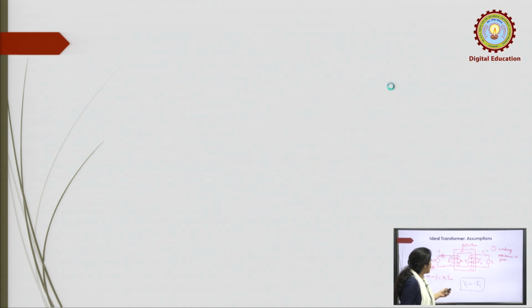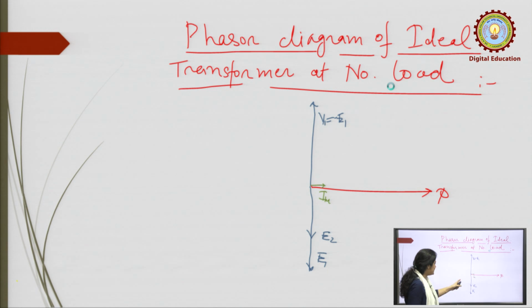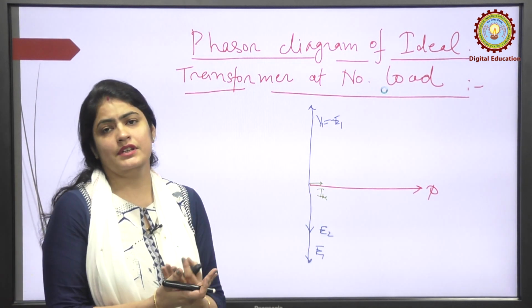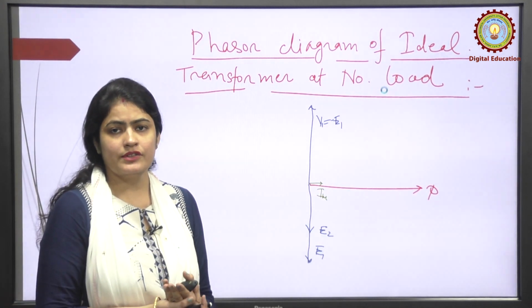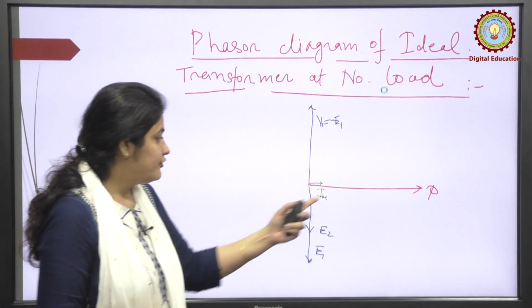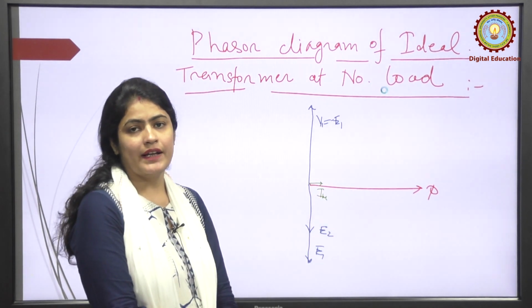When you take phi as the reference, the current is sinusoidal and the flux is sinusoidal, because obviously the supply voltage is sinusoidal. So, the flux is in phase with the magnetizing current.